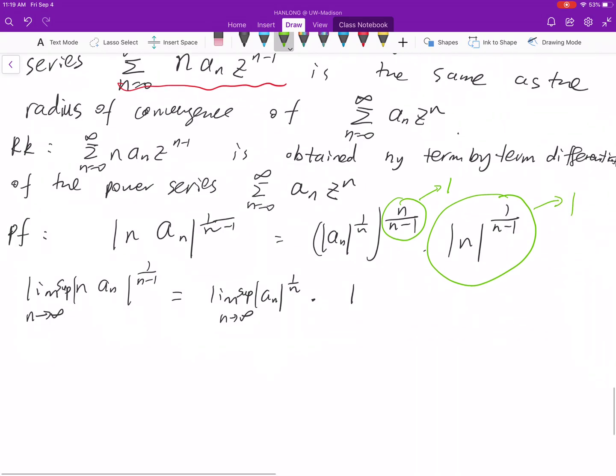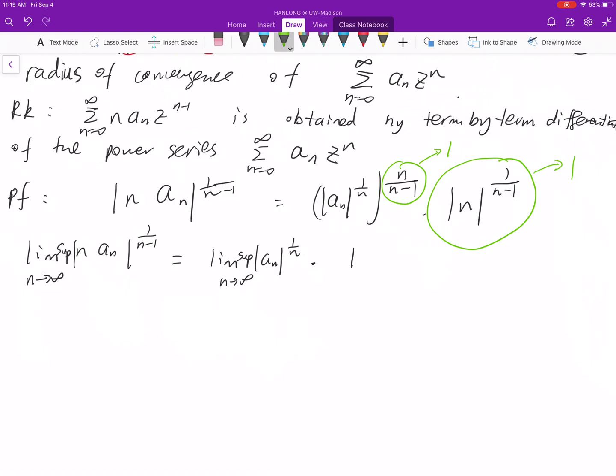Therefore, the lim sup of this guy is 1 over R, where R is the convergence radius of the original power series.